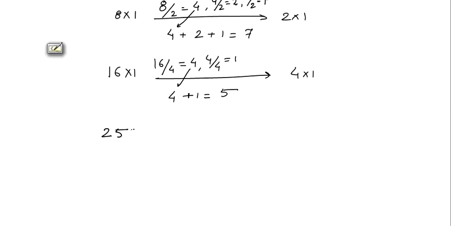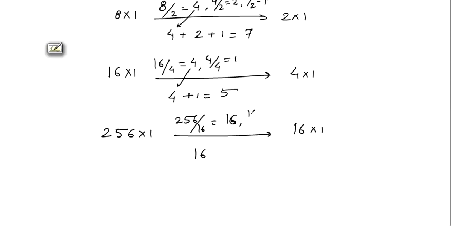Now if we want to implement a 256:1 multiplexer using 16:1 multiplexers, then 256 divided by 16 will be equal to 16. This 16 divided by 16 equals 1, so 16 plus 1 equals 17. 17 16:1 multiplexers are required to implement a 256:1 multiplexer.